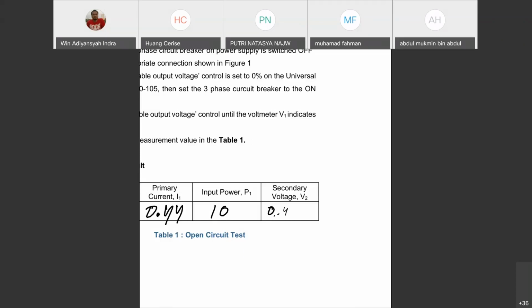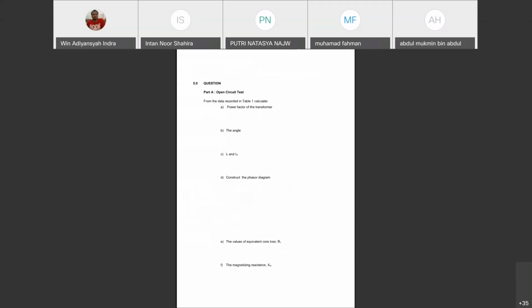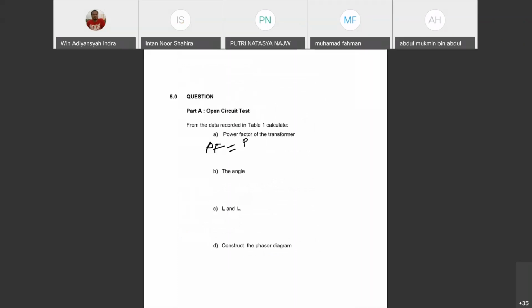So, in order to find the power factor, PF equals P over VI. For example, in your experiment, you get P equal to 10, then V equal to 25, but this will depend on your result.